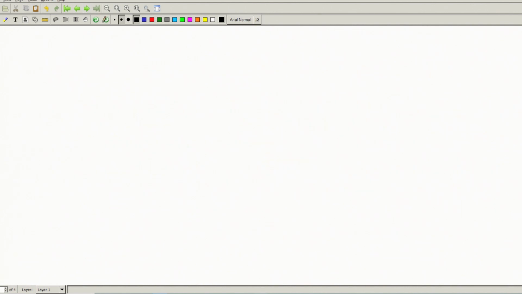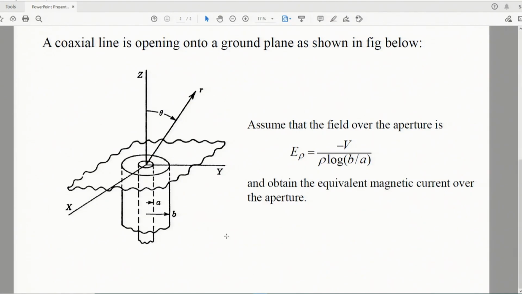Now, let us move to the next question. The next question says that there is one coaxial line and it is opening onto a ground plane. Here we have a coaxial line which is opening onto a ground plane, and again it has been told that we need to assume that the field over the aperture is given as E rho equals minus V upon rho log of B by A, where B and A are the outer and inner radius that we can see from the figure, and then we need to obtain the equivalent magnetic current over the aperture.